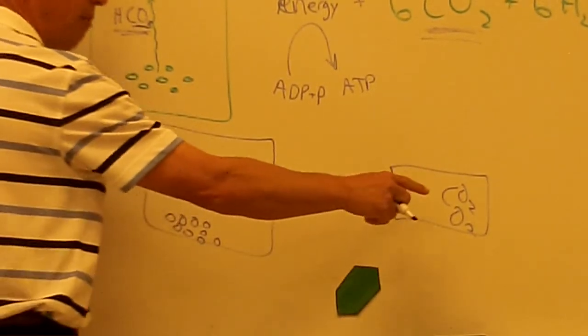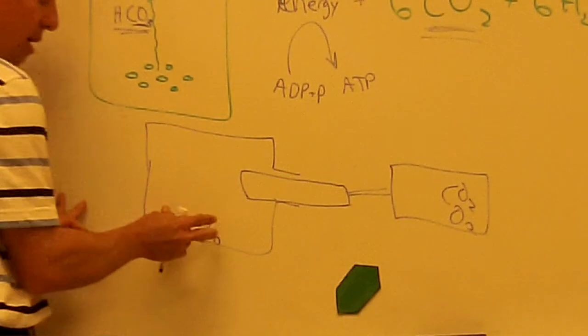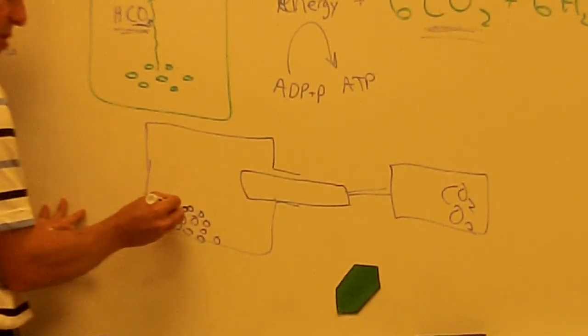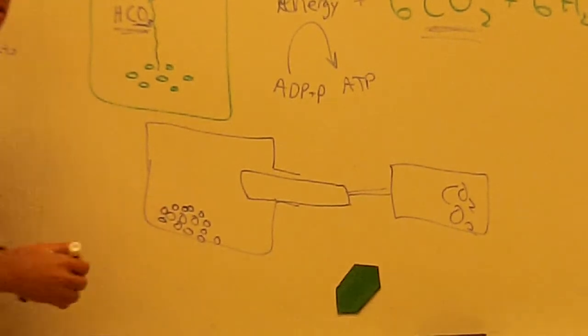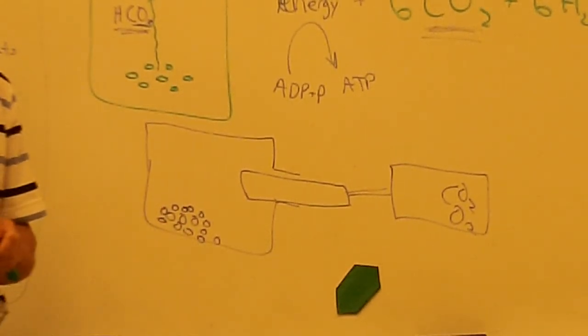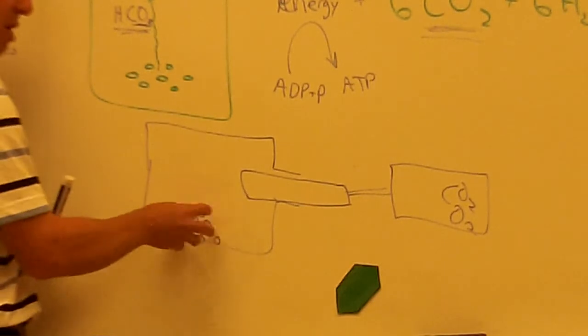Don't shout it out. I'm going to call on someone. What would happen to the CO2 level on this probe as these guys in here were doing respiration? Sarah? These guys are doing respiration.